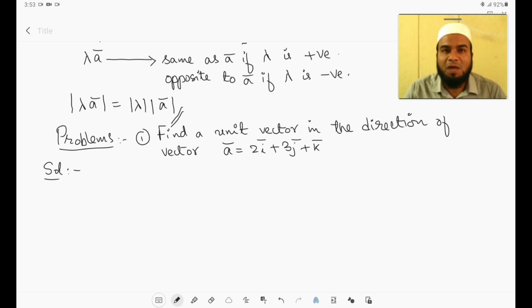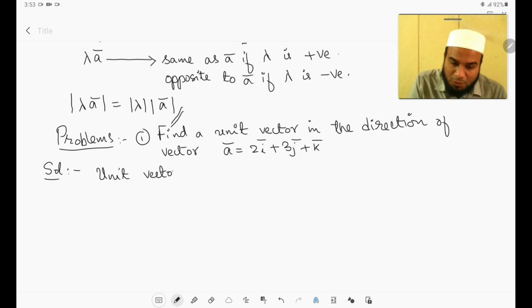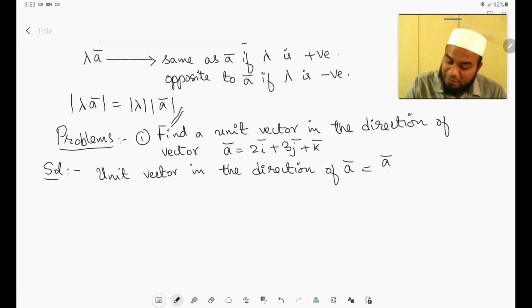Then the magnitude will become 1 and the direction will remain the same. So the unit vector in the direction of a bar is nothing but the vector a bar divided by its magnitude.